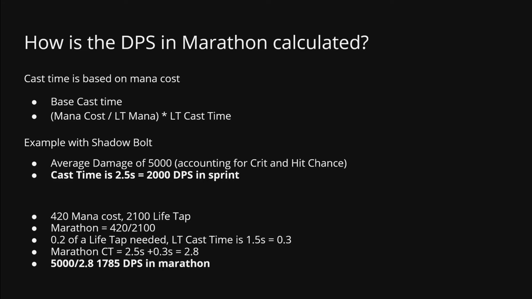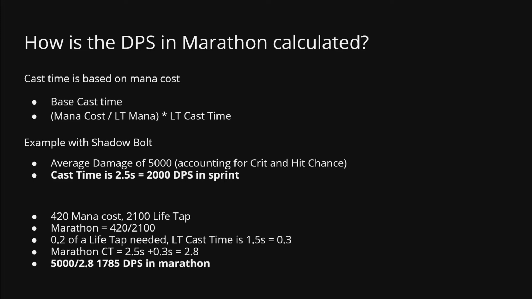Now, if we look at marathon, a Shadow Bolt costs 420 mana. Let's say you gain 2,100 mana from doing a life tap, right? So if you then are looking at marathon, you know it costs 420 mana, 2,100 life tap, divide one by the other. You need 0.2 or 20% of a life tap to cast a Shadow Bolt, which means if you would be casting 5 Shadow Bolts, you need to life tap once, right?